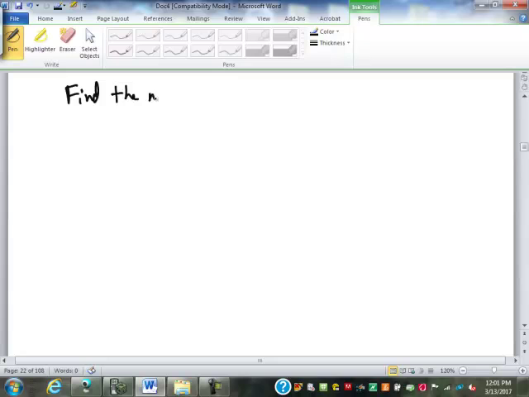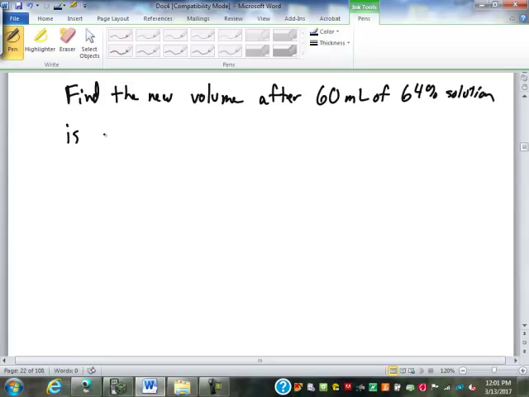Find the new volume after 60 milliliters of 64% solution is diluted to 8% solution.